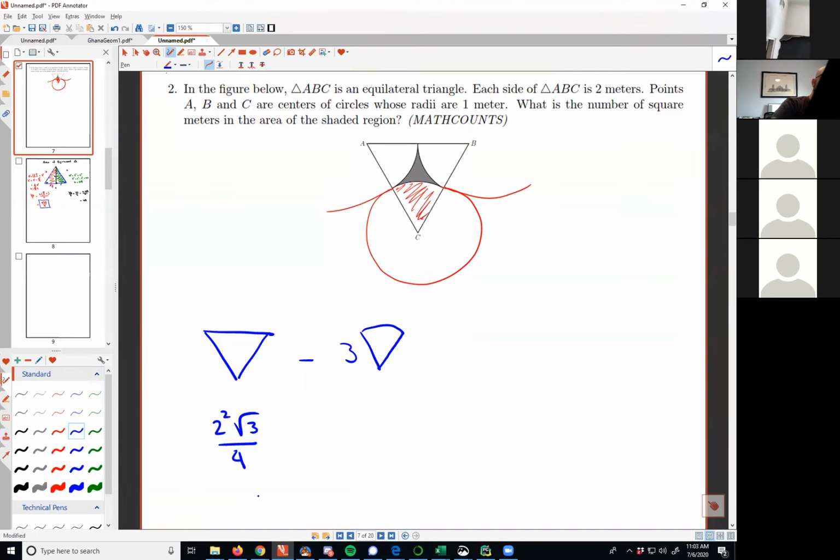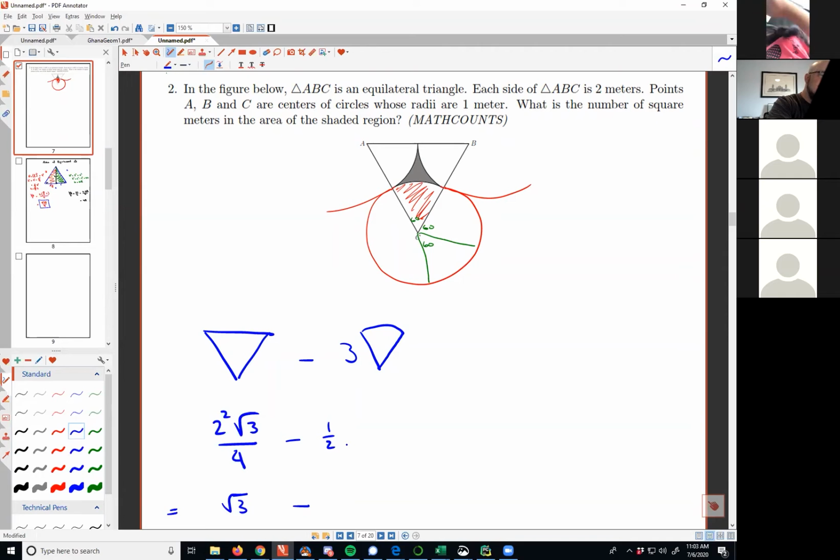It does simplify to root 3, minus... That would be, since the angle for each sector would be 60 degrees, times 3 would be 180, which is half a circle. So that would just be half times 2 pi r, which would be pi r.